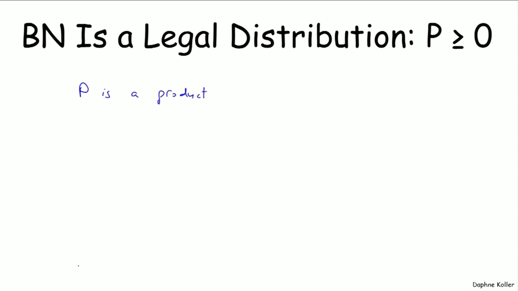It's actually the product of CPDs, and CPDs are non-negative. And if you multiply a bunch of non-negative factors, you get a non-negative factor. That's fairly straightforward. Next one's a little bit trickier.